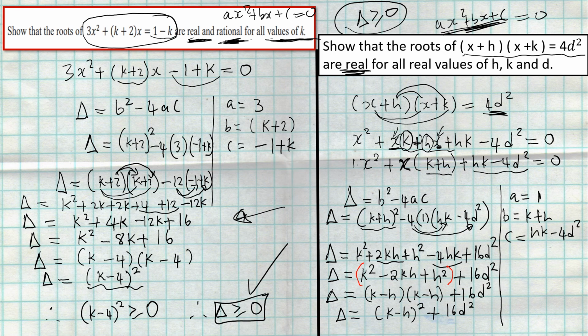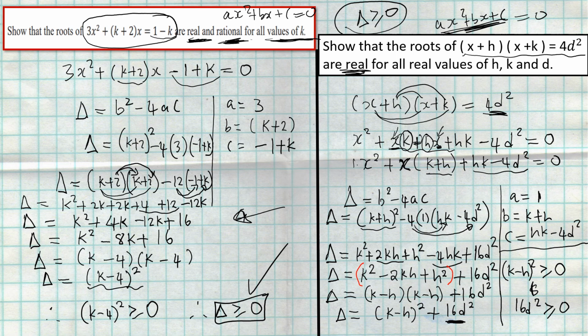Let's go and finalize now. We know that our (k minus h) squared is going to be always greater than or equal to 0 because it is squared. Anything squared is greater than or equal to 0. And part of it there, it's 16d squared. And 16d squared also is going to be greater than or equal to 0 because we have d squared there.